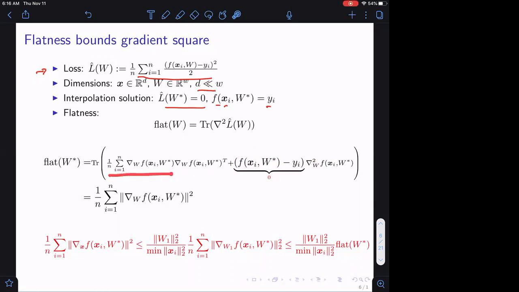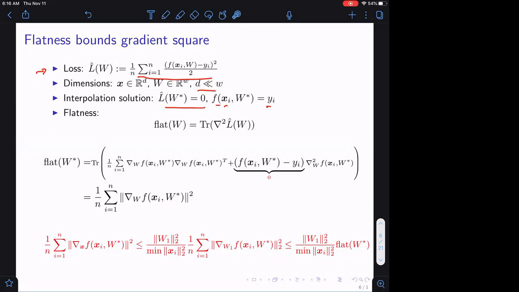If you clean this up a little bit, you'll see that this is actually the average of the squared norm of the W gradient of my model function at my W star at all the training points averaged together. So flatness is really the average of the W gradient of my model function.